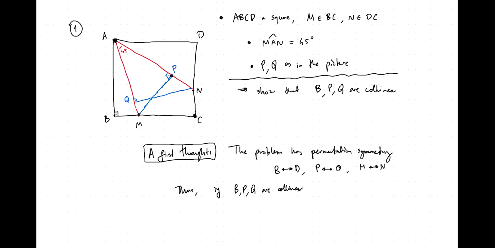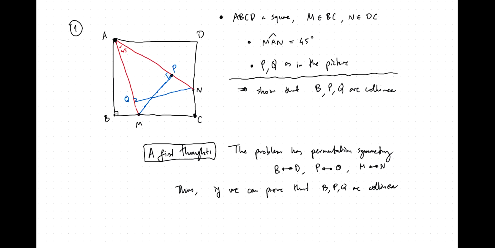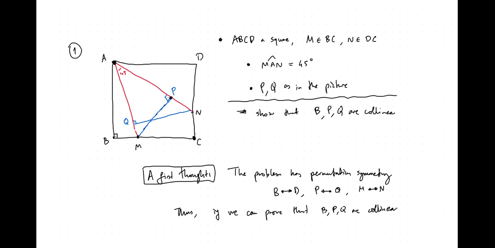Let me write this clearly. If we can prove that B, P, Q are collinear by any means, given any proof, anyone gives me any proof that B, P, Q are collinear, if the proof is correct, I can do the same proof analogously and prove that D, P, Q are collinear.